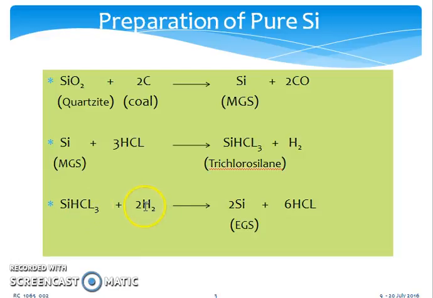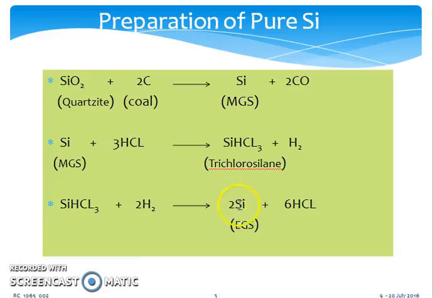It reacts with hydrogen, and this reaction takes place in a chamber which already has a very thin silicon rod placed. So when the trichlorosilane gas reacts with hydrogen, it releases silicon atoms, and these silicon atoms go and deposit on that silicon rod which is already present in the chamber.